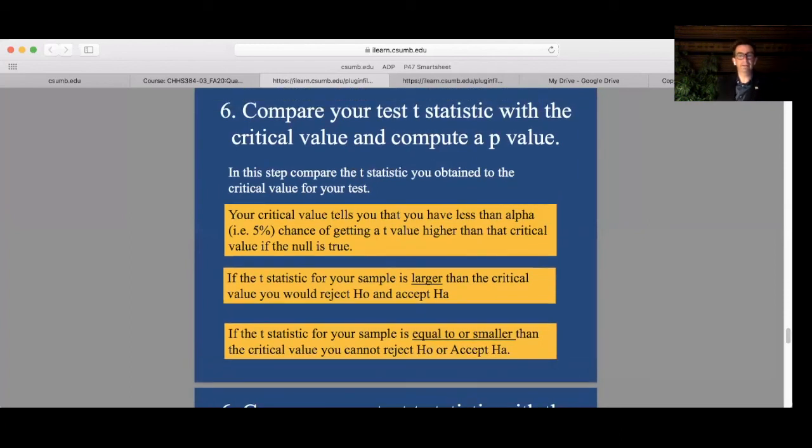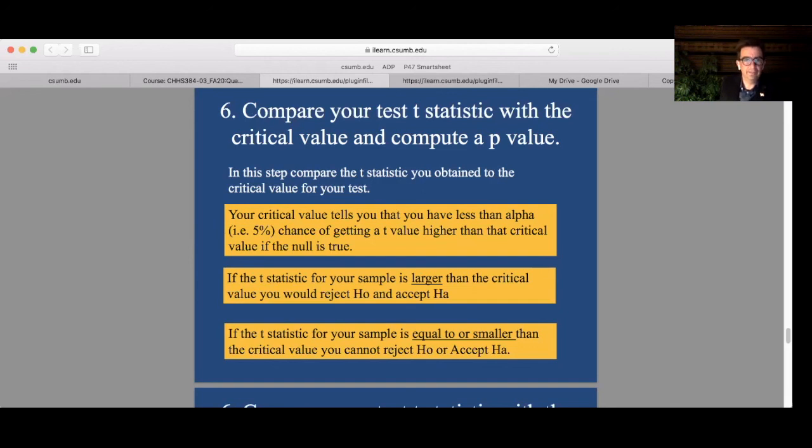Then you would compare your test statistic, the one you got from that formula, with the critical value that you determined from your table. You would compute your p-value as well, and you would make your conclusion, right?